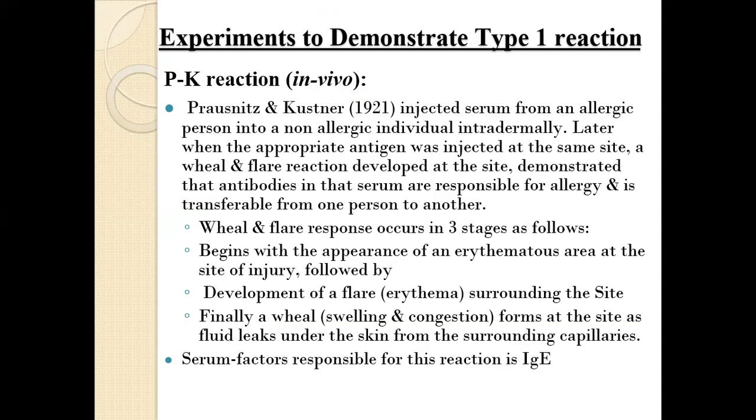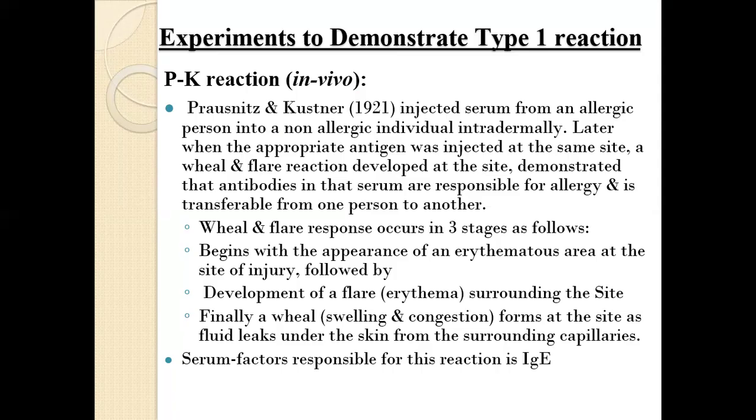These two scientists in 1921 injected serum from an allergic person into a non-allergic individual intradermally. Later, when the appropriate antigen was injected at the same site, a wheal and flare reaction developed at the site, demonstrating that antibodies in that serum are responsible for allergy and are transferable from one person to another.